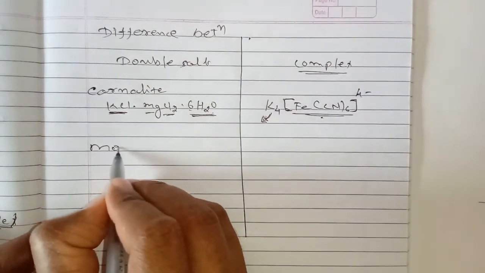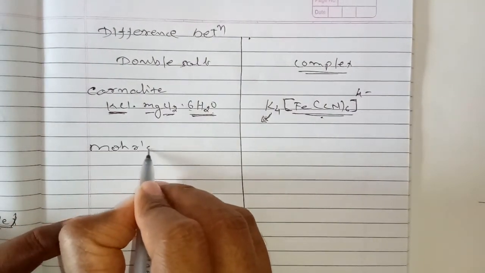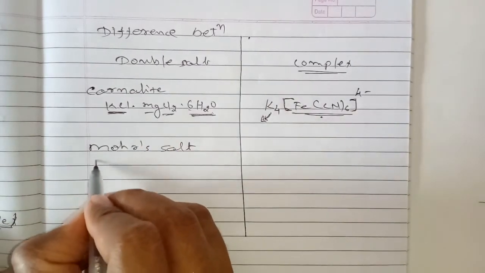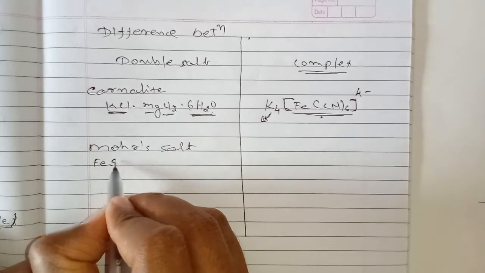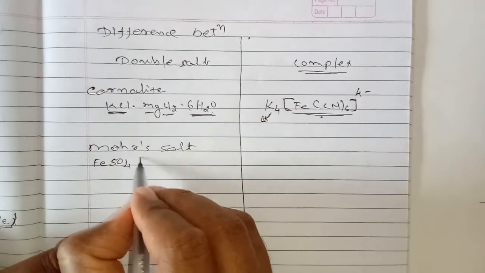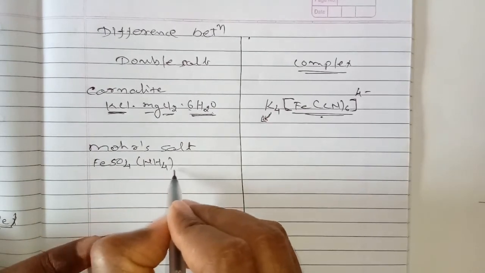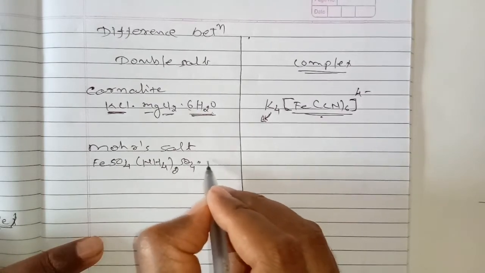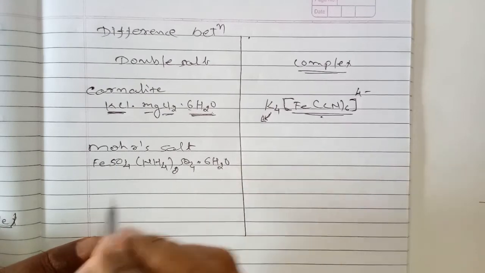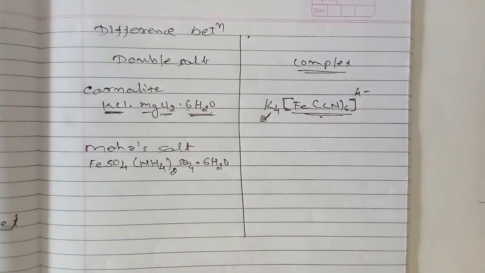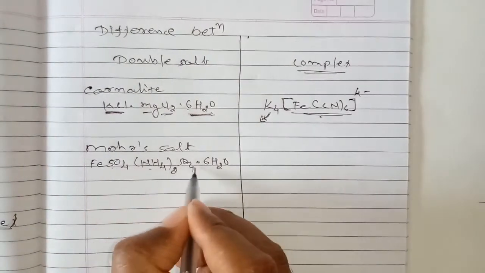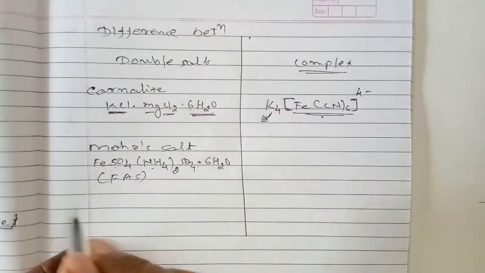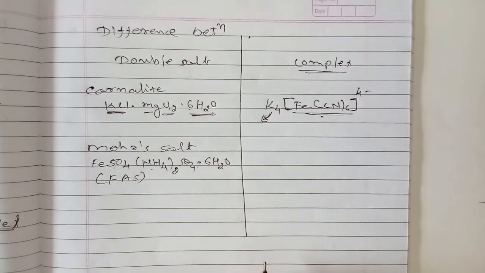Another example is Mohr's salt, FeSO4 ferrous sulfate, (NH4)2SO4, hexahydrate, 6H2O. Ferrous ammonium sulfate, or it is said to be FAS.